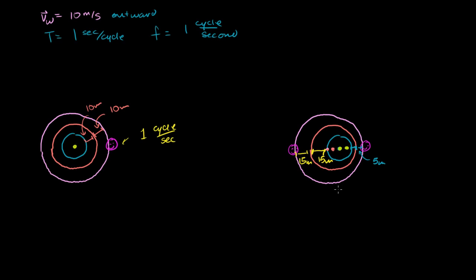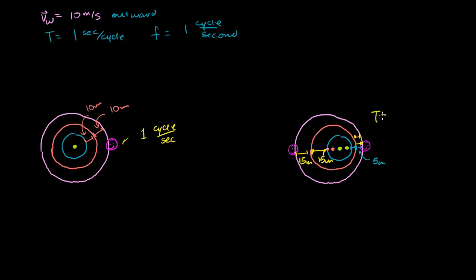Now, what about this situation? Well, each of these crests are 5 meters apart for this guy. If you imagine that this was some type of a train coming towards this guy, each of these crests are only 5 meters apart, but they're traveling at 10 meters per second. So how many crests are you going to see in a second? Well, you're going to see 2 of them. This one's going to take half a second to reach you, and then the next half a second, this one's going to get to you. Or you could say this one takes half a second to reach you, then this one's going to take 1 second to reach you. So you're going to see 2. So there's 2 ways to think of it.